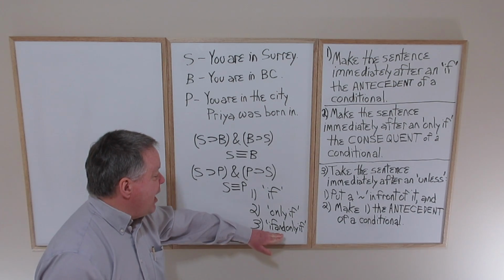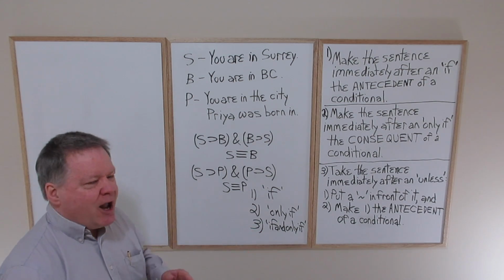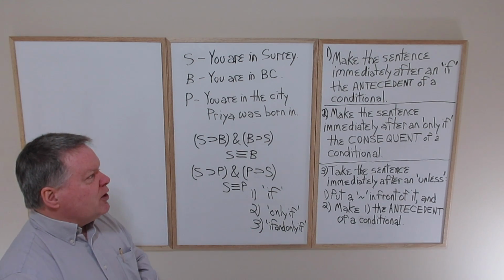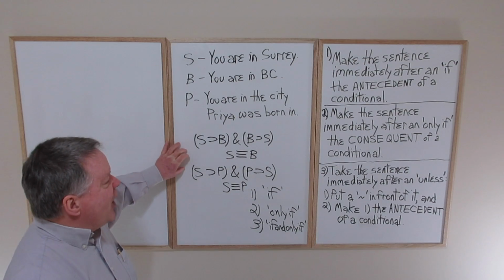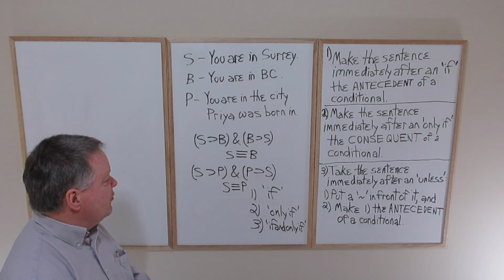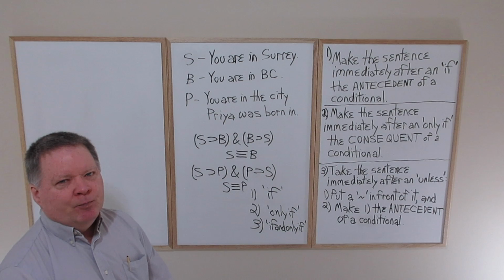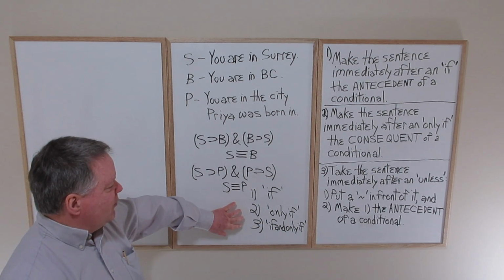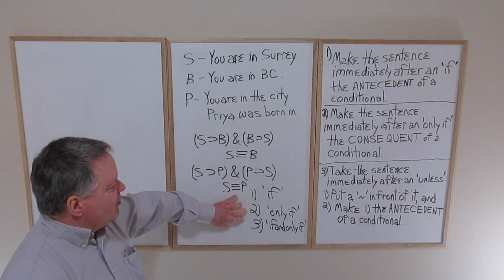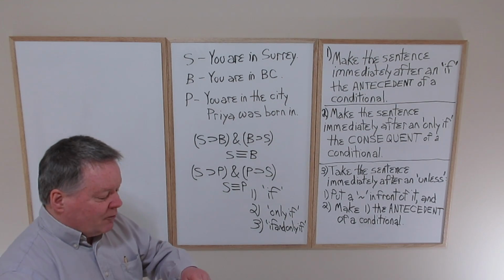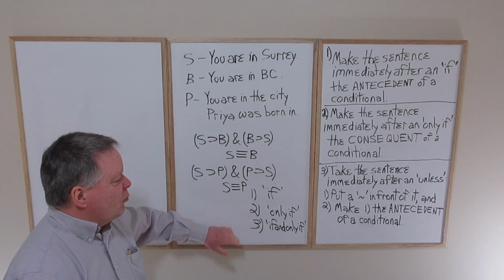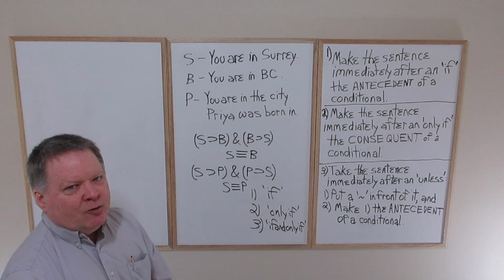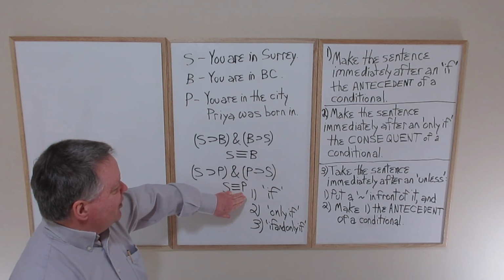What comes immediately after the "if and only if" is going to be one of the bicons or equivalents in a biconditional. I'm emphasizing this because from past experience, I know that it's easy to confuse "only if" with "if and only if." So it takes a little while to get used to this.